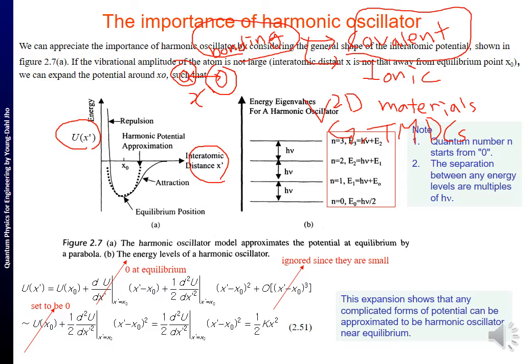These are actually a single atomic layer. In the case of graphene, it's made of carbon. So carbon atoms are aligned in a two-dimensional plane.